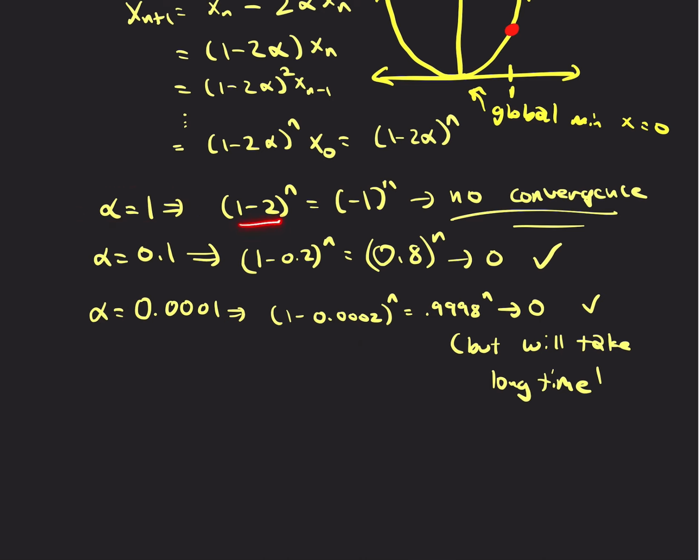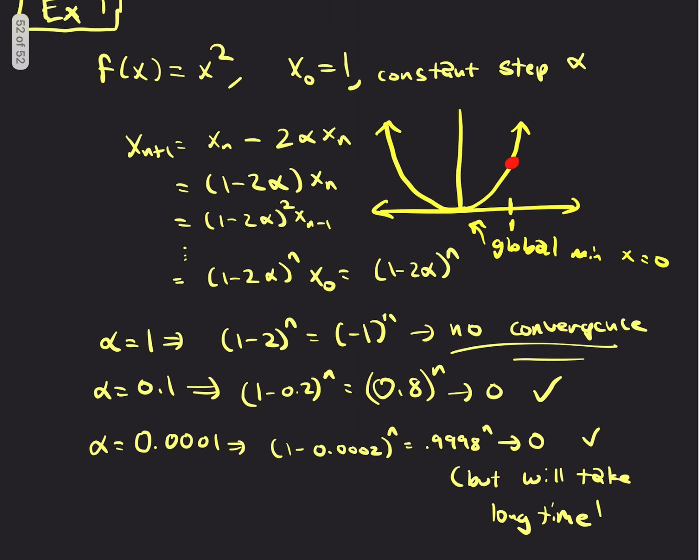We get (1 minus 2) all to the n, which is negative 1 to the n. So what this amounts to is we start here. We say, okay, well, the gradient at this point, this tangent, is positive, so we're going to go in the negative direction, the opposite direction of the gradient, to descend. But we took a huge step length, and we ended up back over here.